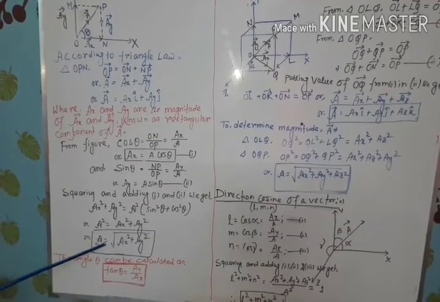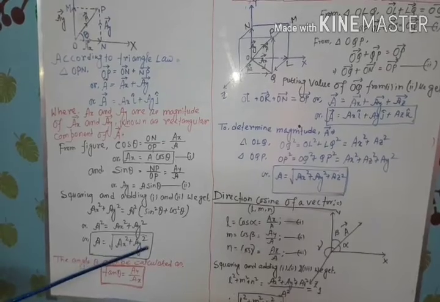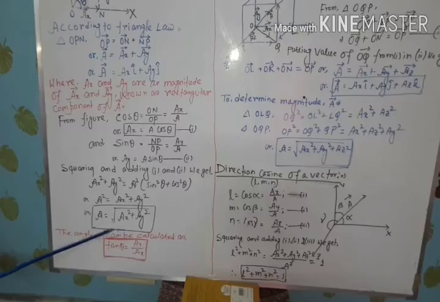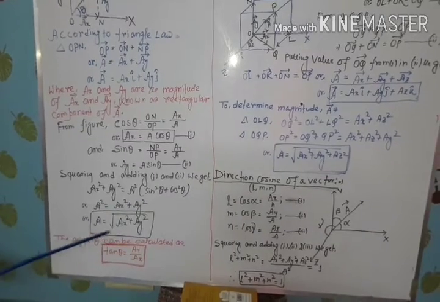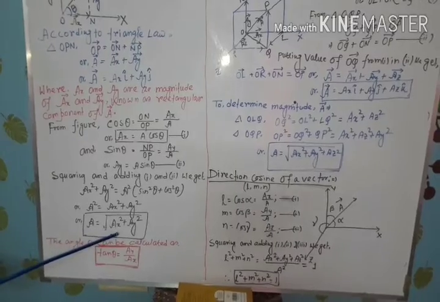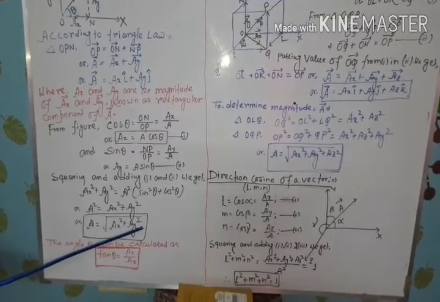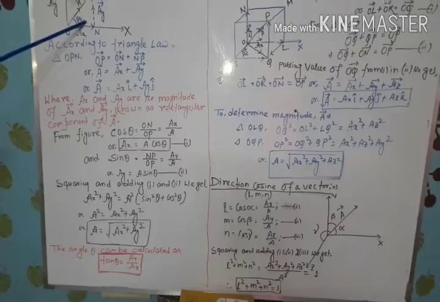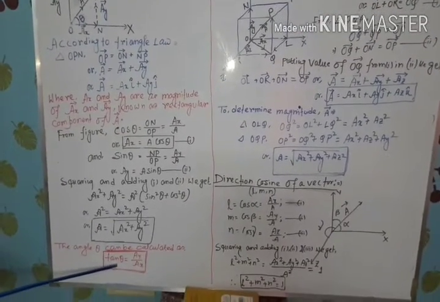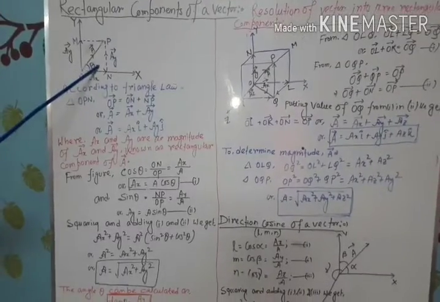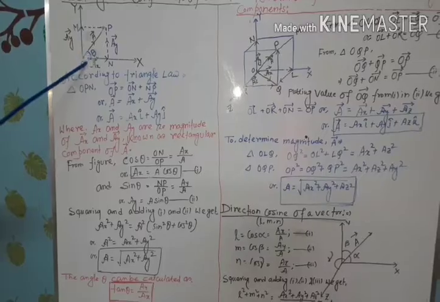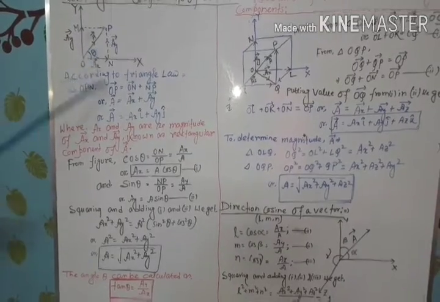So therefore A equals root over of AX square plus AY square. This is the formula by which we can determine the magnitude of a given vector having rectangular components AX and AY. Clear? And the angle theta in the figure we can determine by the formula tan theta equals, from this triangle, perpendicular by base, that is AY by AX.